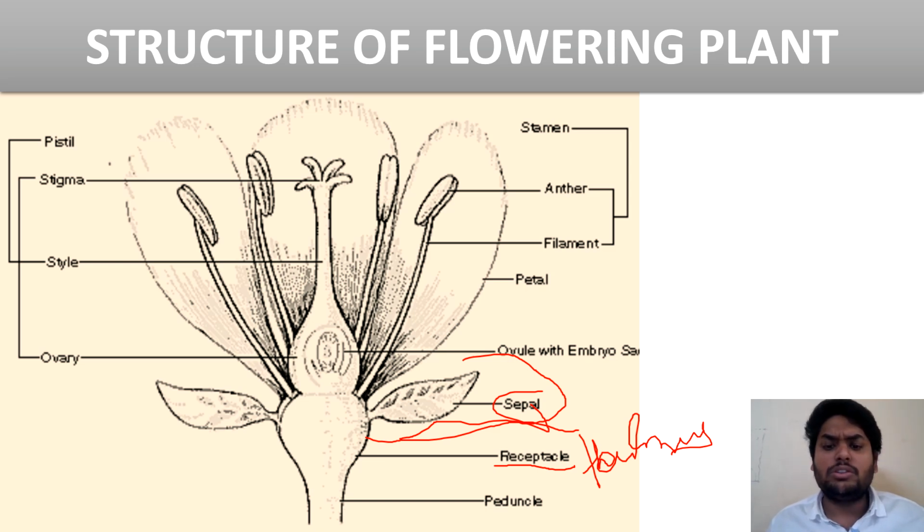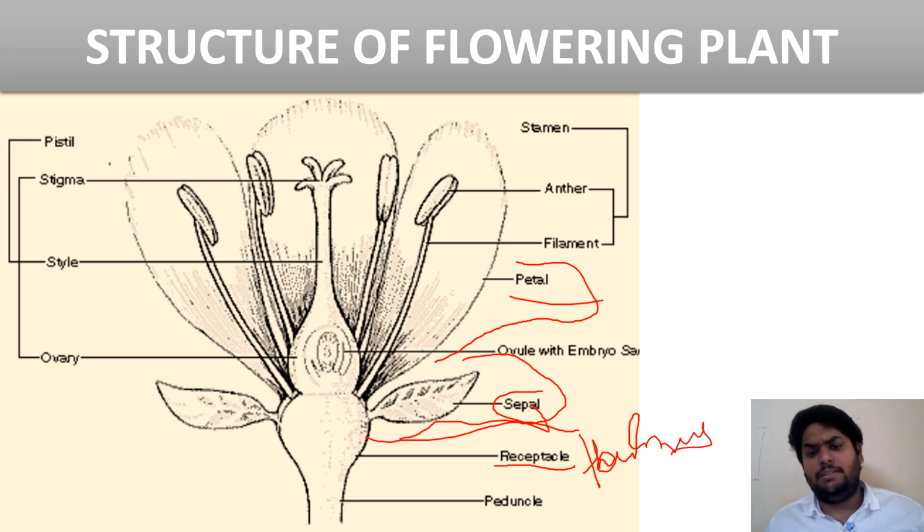Now moving to the most attractive part, which is the corolla. All these parts are known as the corolla, which is made up of a single unit called petals. What is the function of these petals? They attract the pollinators for pollination.